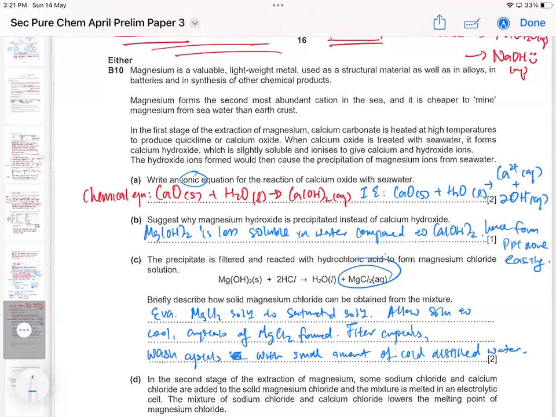But when you do precipitation, for insoluble salts, and you use the same term, you cut and paste this template, and you write, wash the insoluble salt with small amount of cold distilled water, you will be penalized. Because that would suggest that you do not know the fundamental reason why we are washing the salt with small amount of cold distilled water.